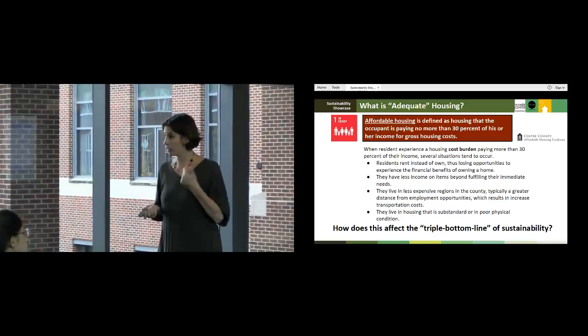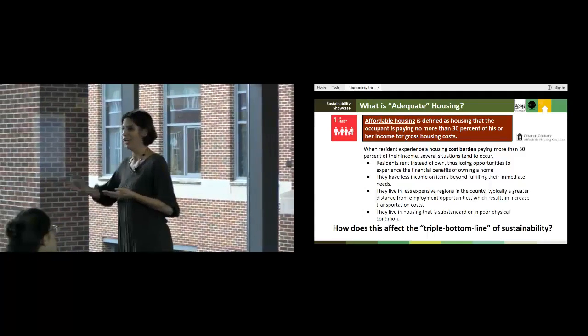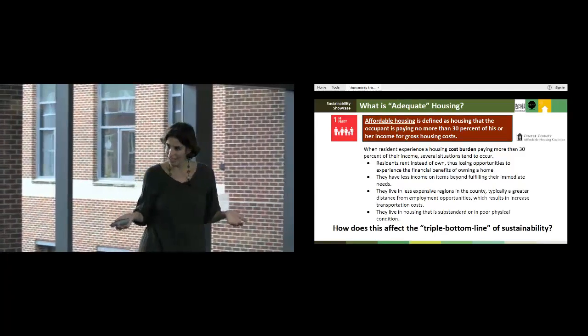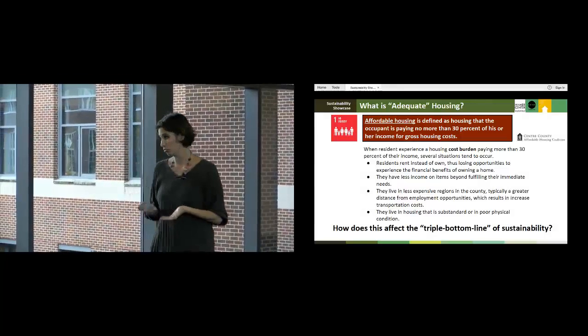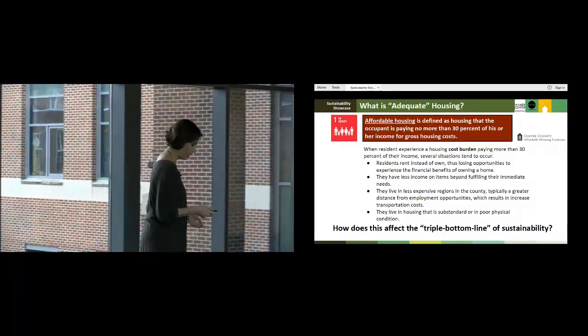So economically, if they don't have a car, they don't have access to public transportation, how are they going to get to work to have the money that they need to live? Which obviously has an effect on their social life and family life and everything else.